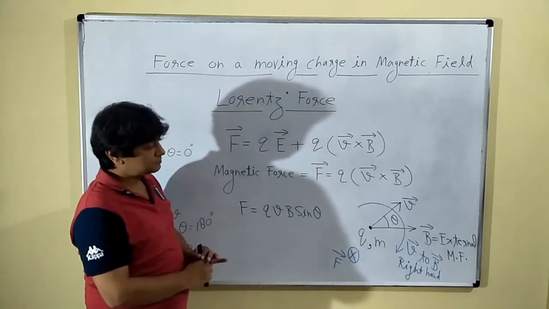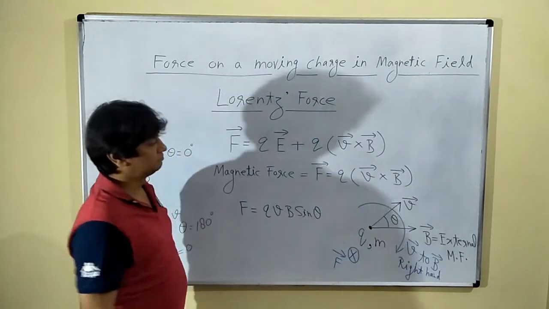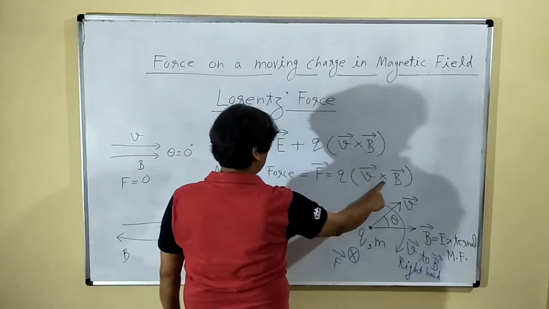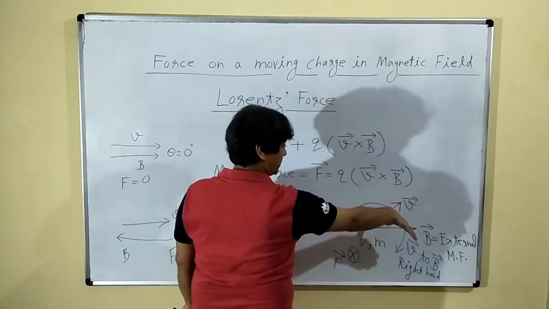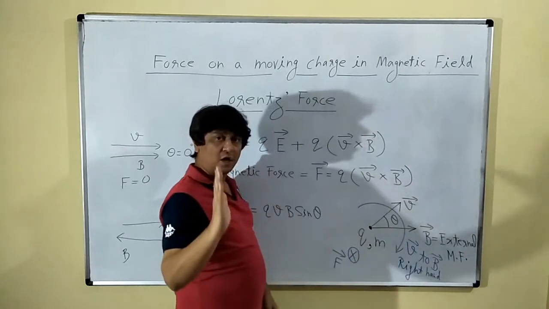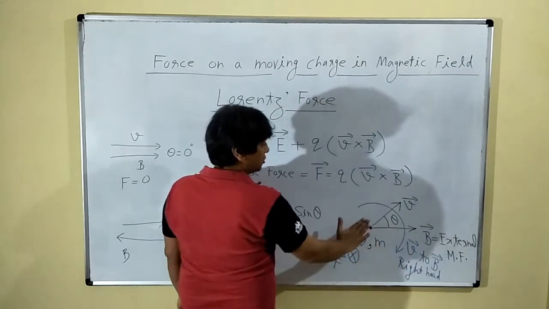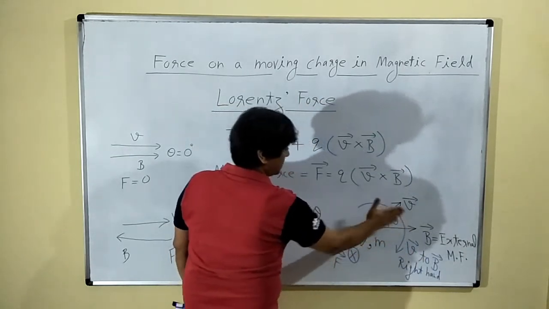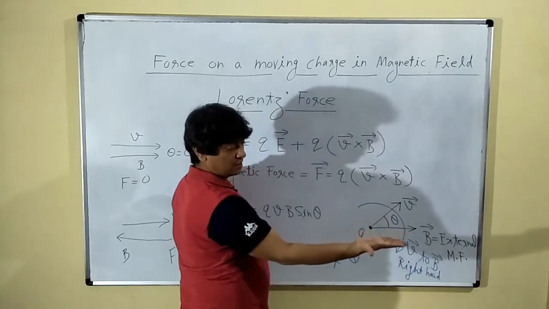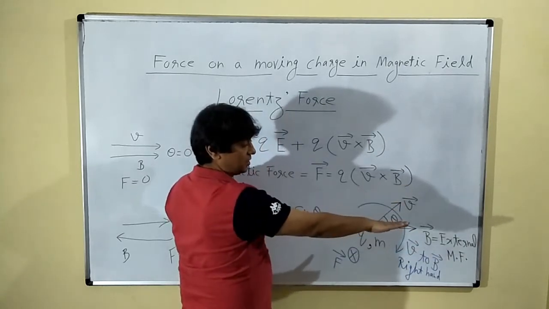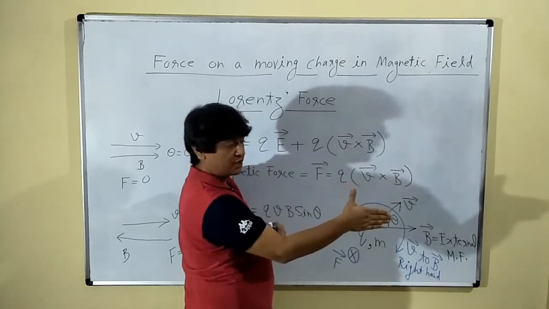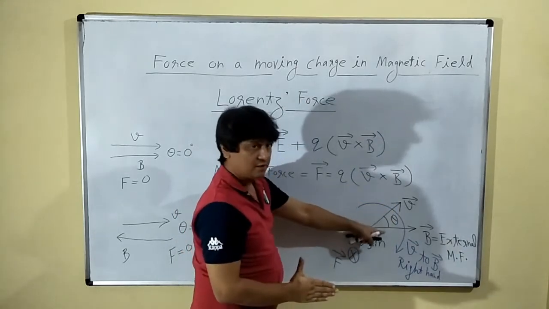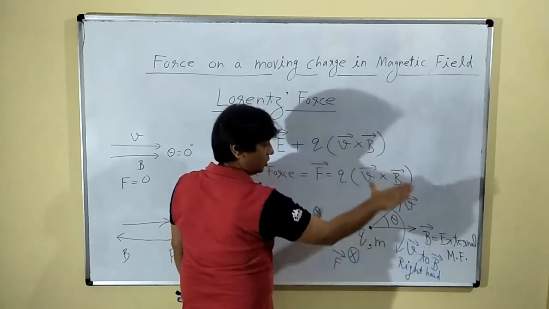And then regarding direction, always follow what? Cross from V to B. It's a very simple thing. Thumb should be perpendicular to the plane of V and B. या तो thumb बाहर रहेगा या अंदर रहेगा. Not like this. Thumb should be perpendicular to the plane of V and B. This or this.